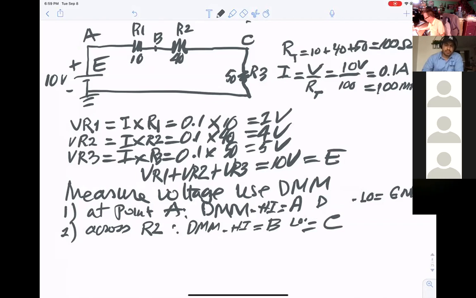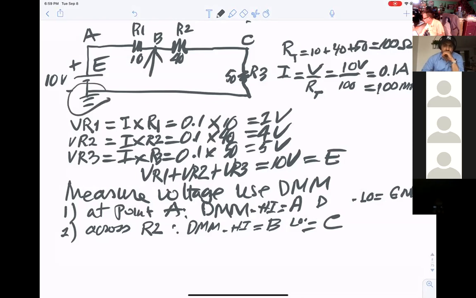That is telling you, when you measure at a single point, the other side of the meter must go to common. If I want to measure V at point B, the DMM high side connects to B, and the low side must connect to common.